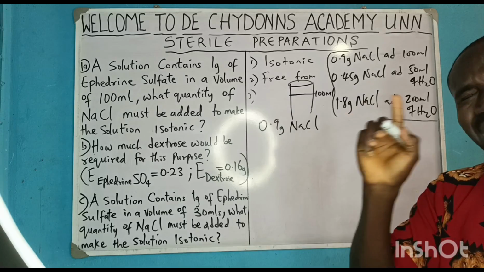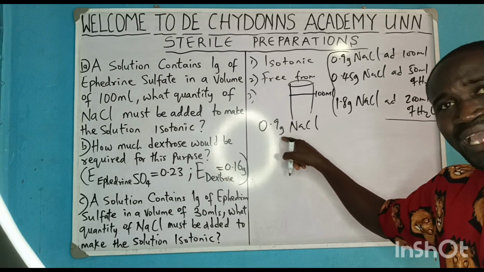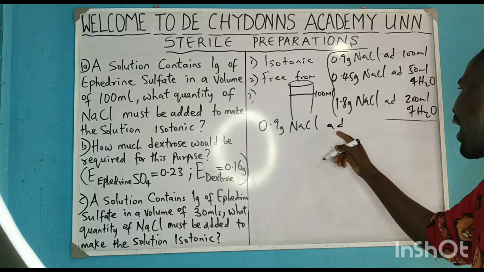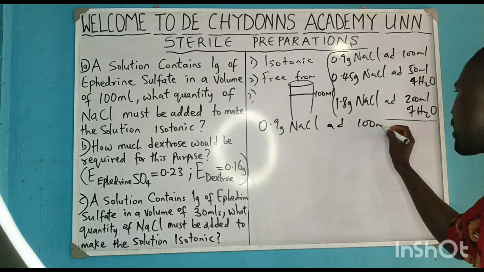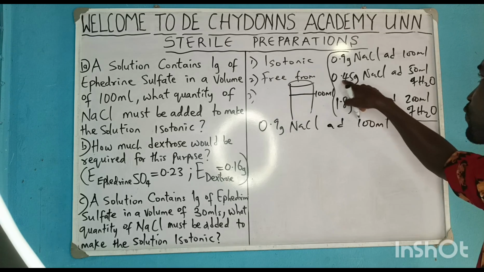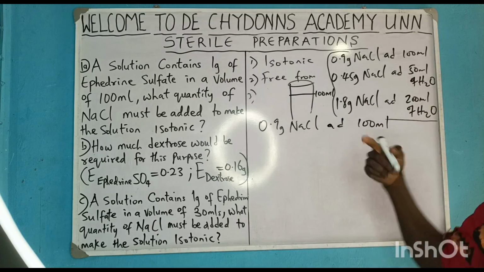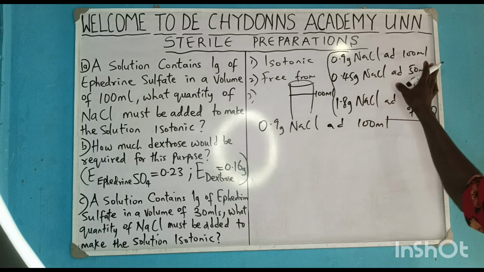Any solution that is isotonic must have 0.9 gram of sodium chloride. If I'm using 0.9 gram, I will show that I'm to add it up to what? 100 ml. That is one. But if I use 0.45, 50 ml, 1.8, 200 ml, and so on, as I illustrated here.